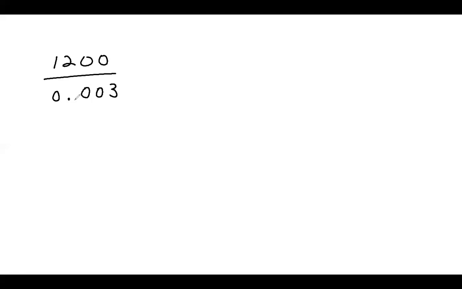We never want to have a decimal in our denominator, so I'm going to get rid of this decimal. I'm going to write this over here again so we can leave our original problem there. I'm going to move that decimal point over 3: 1, 2, 3, so that this becomes a 3.